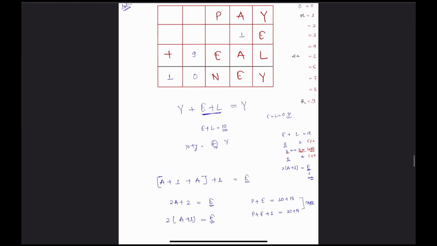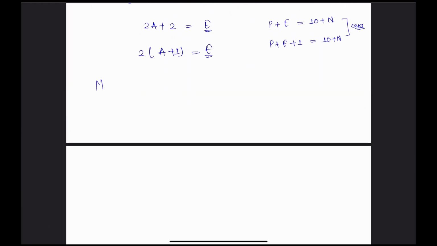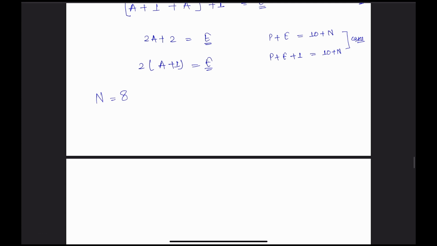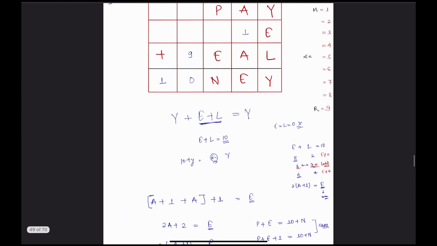Okay, so let's go by the basics, take different values of N. Let's take the value of N. 9 is done, so if N equals 8, what will happen?